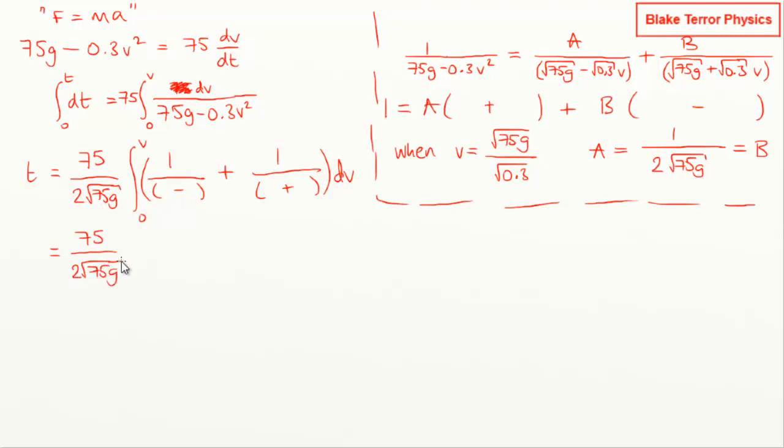And now we're going to have two log functions going on here. So one of them is going to be a positive function and the other one's going to be a negative function. And we've got to divide by that square root of 0.3 as well. So this is going to leave us, right, let's put in the 1 over square root of 0.3 because that's going to be in both of them.